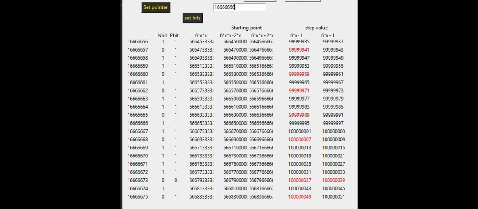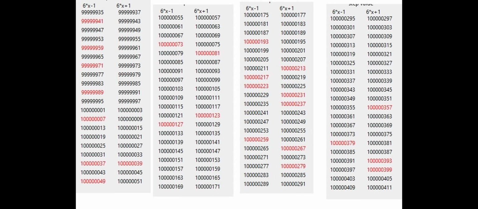You can see where the values are set to 1 or 0, indicating whether they're prime or not prime. Again, if the bit is prime, those are the ones that I have highlighted in red, and the black numbers are non-primes, which are the ones that we found.